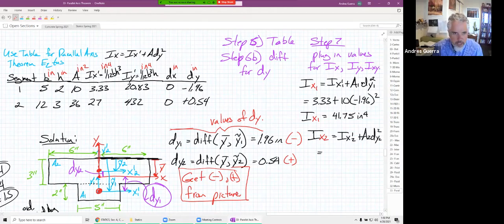So that's going to be 27 plus 36 times 0.54 squared. And we're going to find that Ix2 is equal to 37.5 inches to the fourth.